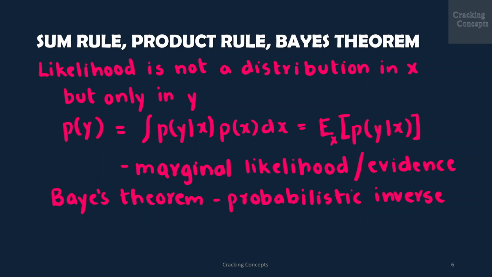The quantity p(y), which is the integral of p(y given x) times p(x) dx, can be written as the expectation of p(y given x) with respect to the random variable x, which is the marginal likelihood or evidence. Bayes' theorem allows us to invert the relationship between x and y given by the likelihood. Therefore, Bayes' theorem is sometimes called the probabilistic inverse.